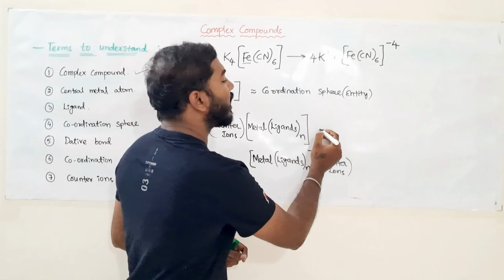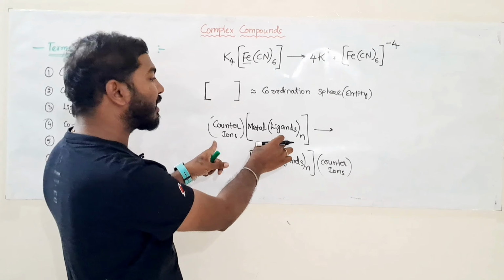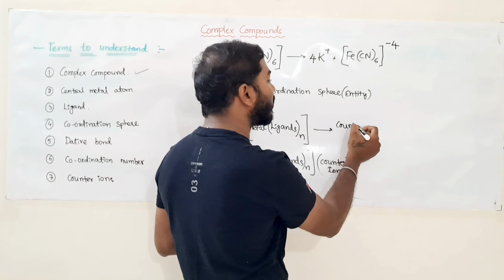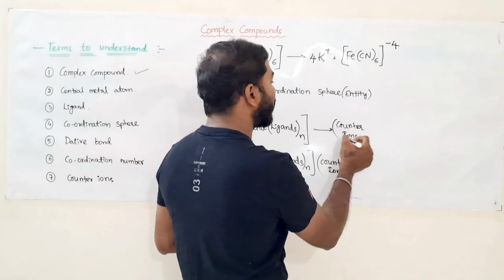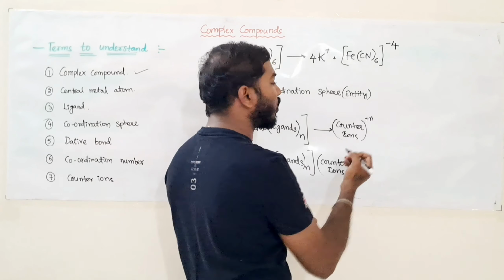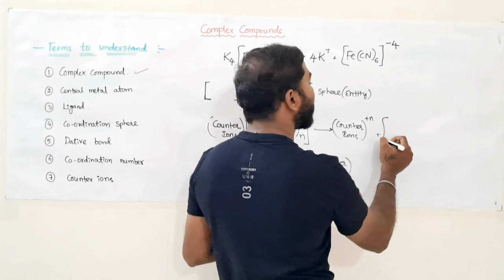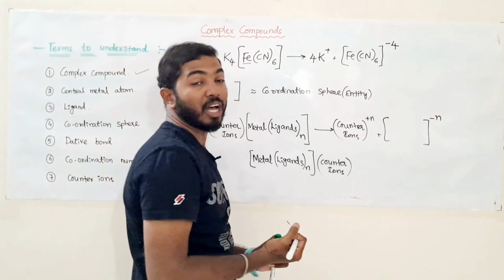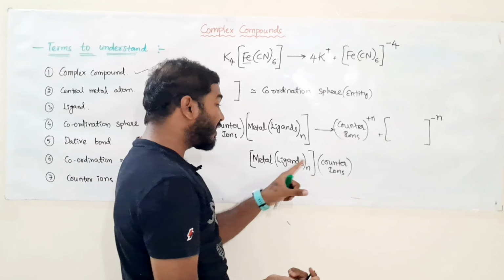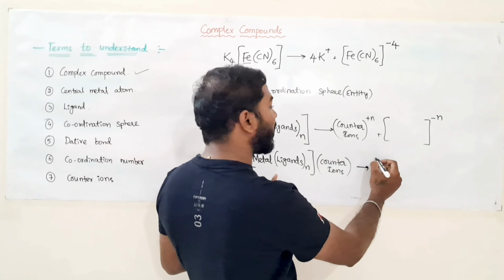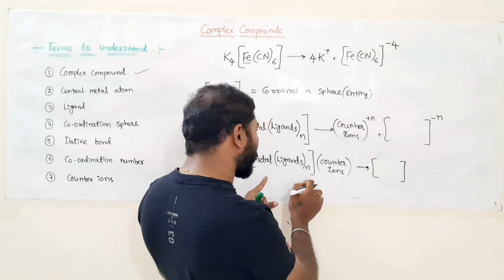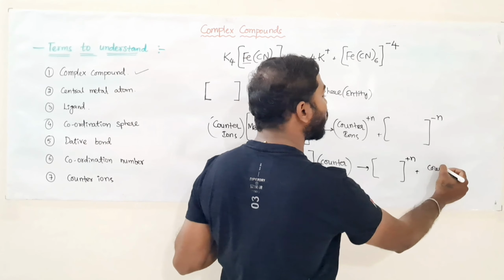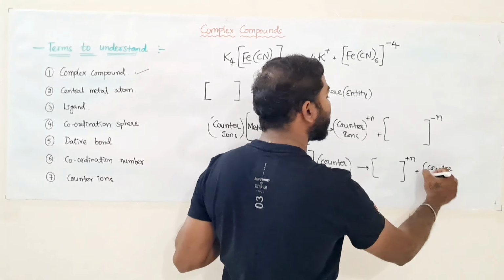It's very important. In the first complex compound representation, the counter ions are going to carry a positive charge, followed by the complex coordination sphere, which is going to carry a negative charge. Very important. Whereas in the second representation, the complex part or coordination sphere is given the positive charge, whereas the counter ions get the negative charge.